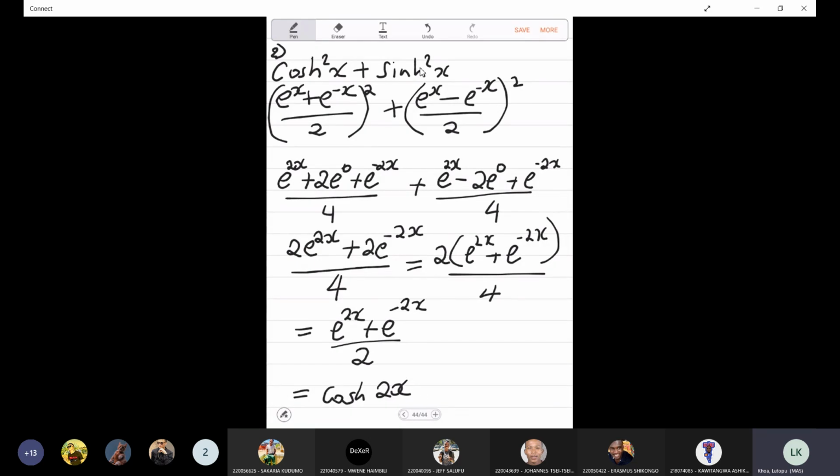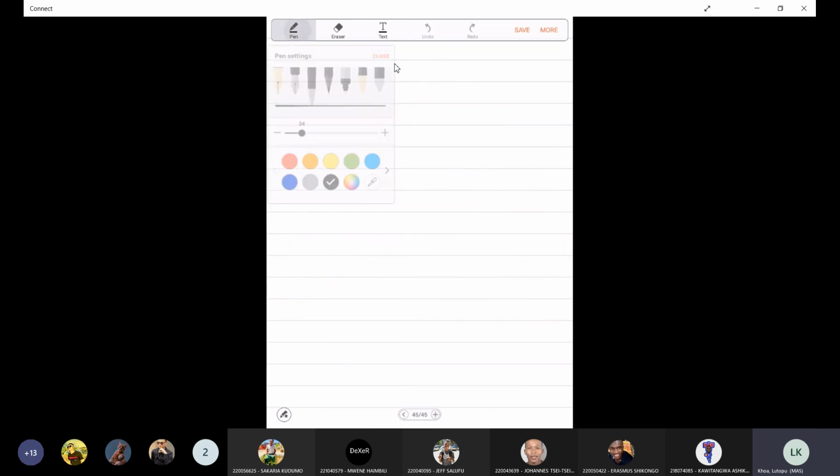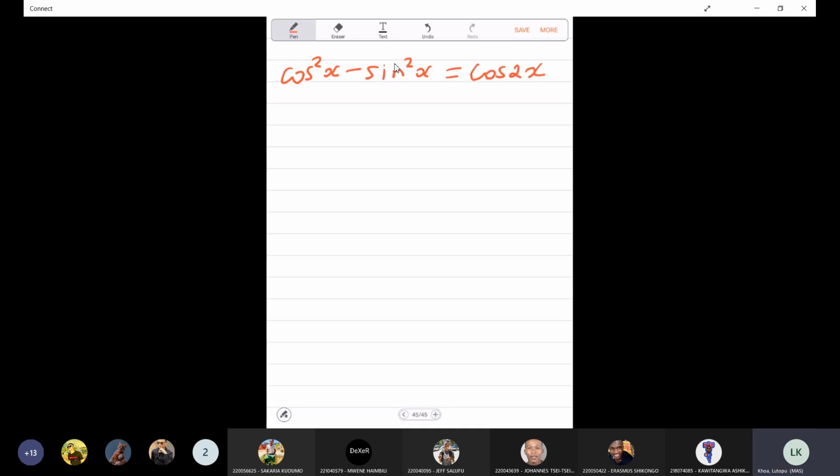Okay, so this one, again, your mind should be thinking back to the trigonometric functions. If you remember, we had this one here where we had cos squared x minus sine squared x. This was equal to cos 2x.